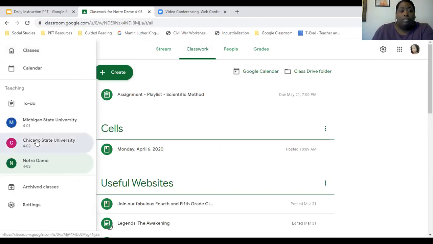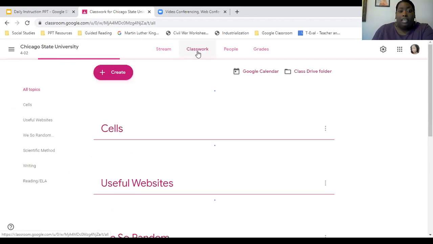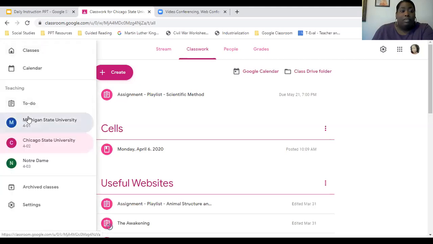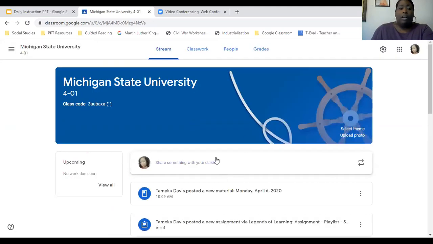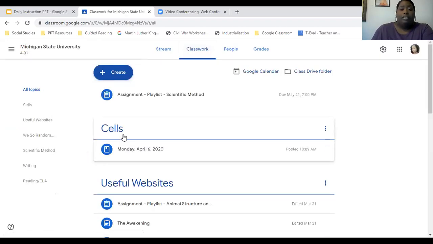So when you go to Chicago, you'll see the exact same thing. When you click the classwork tab, you'll see cells, and you'll see Monday, April 6th, 2020. When you go to Michigan State, you will also click the classwork tab, and under cells, you will see Monday, April 6th, 2020.